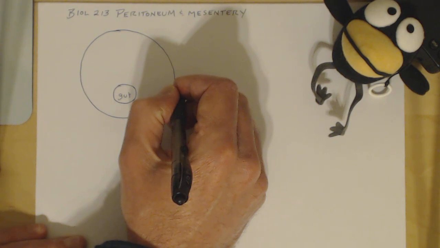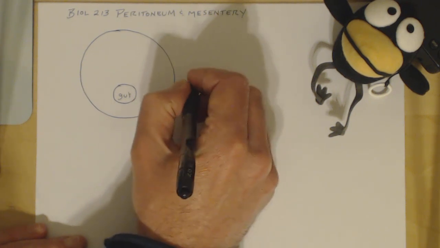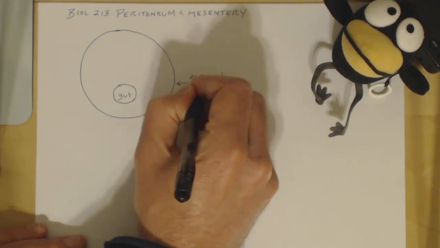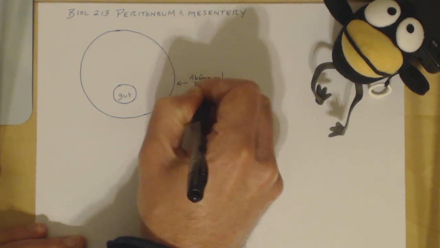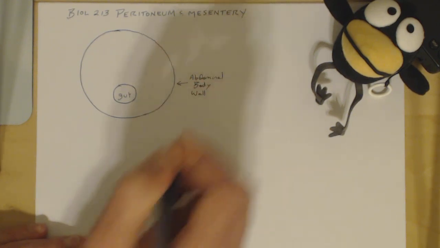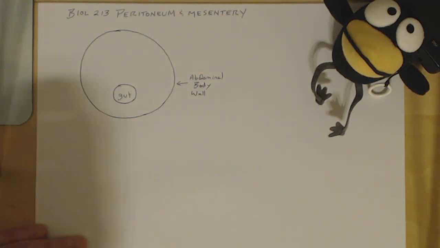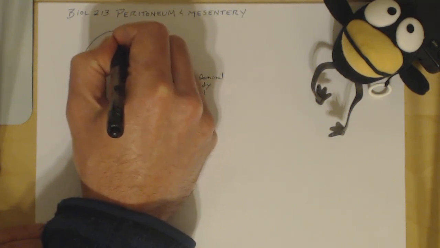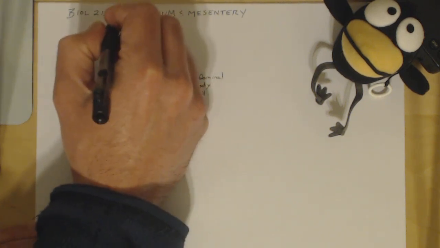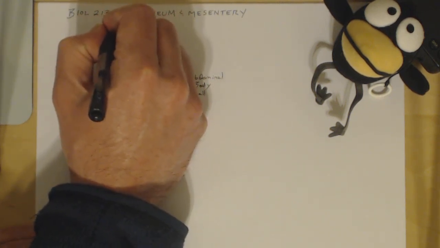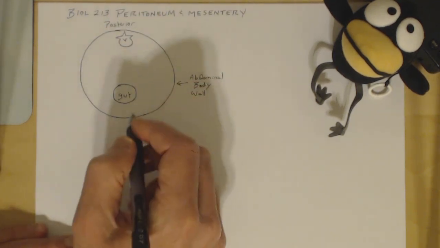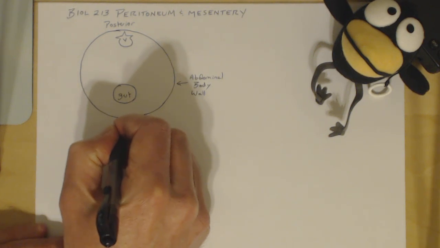This is your abdominal body wall. And just for context, let's put a vertebra up here. So this is your posterior surface. This is basically your back, and this is anterior. This is your belly.